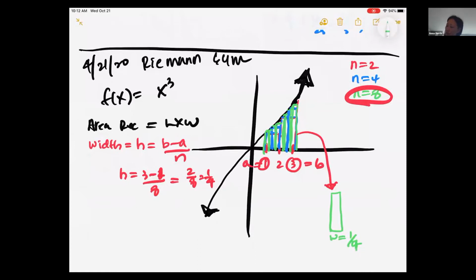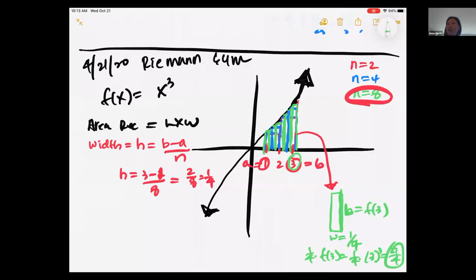The height is f of whatever that point is. For example, this one is 3, so f of 3. So 1/4 times f of 3, which is 1/4 times 3 to the third, gives me 27/4.